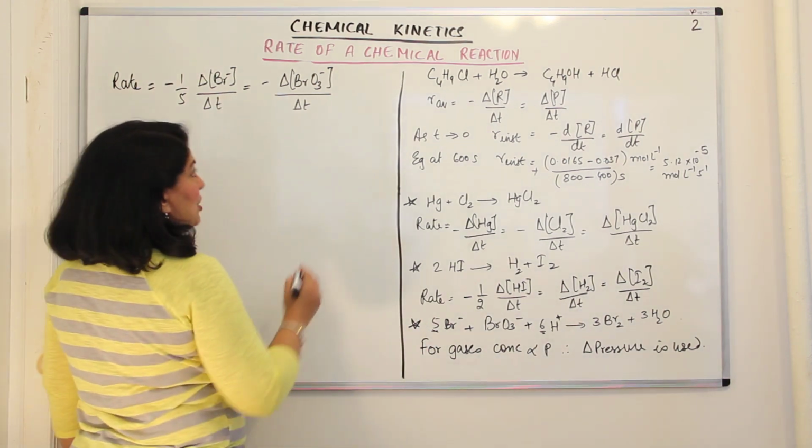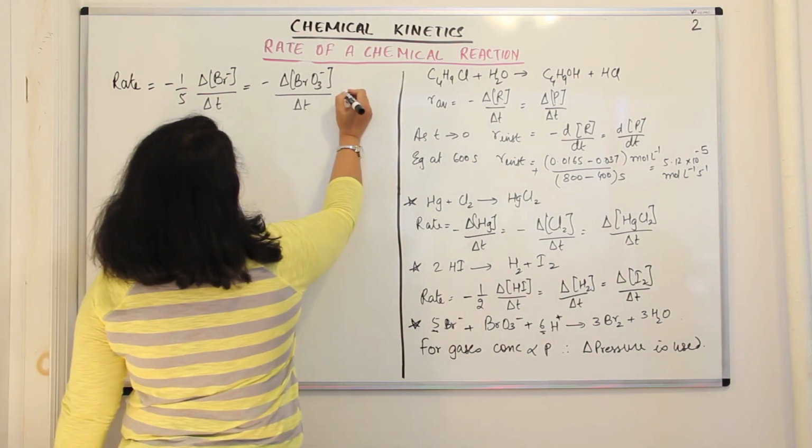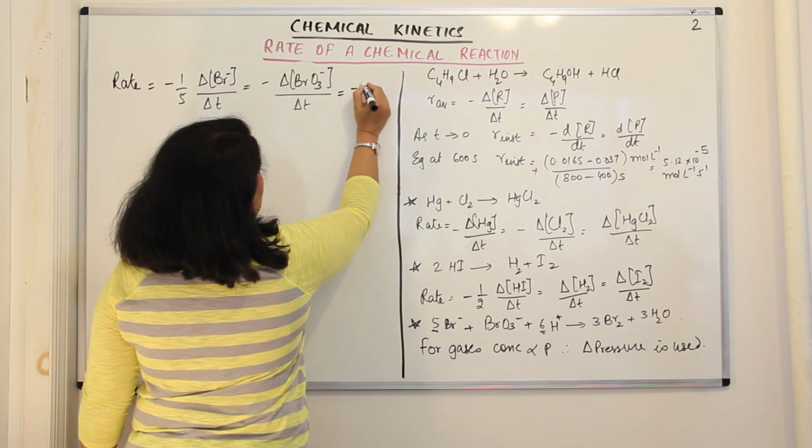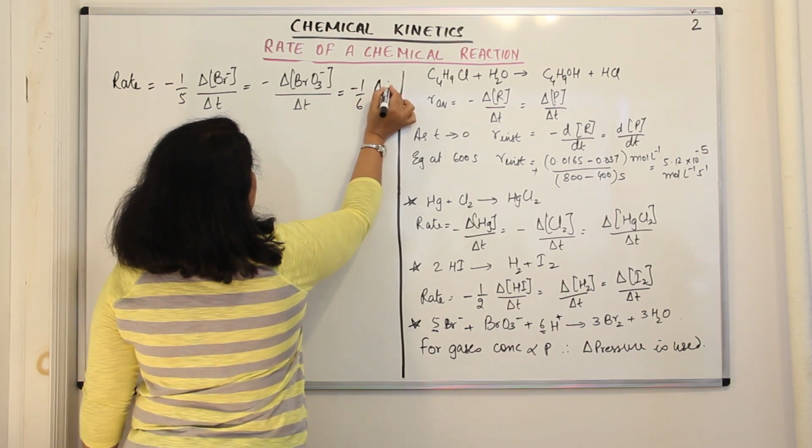And in the case of 6H positive, it will be equal to minus 1 upon 6 delta H positive upon delta T.